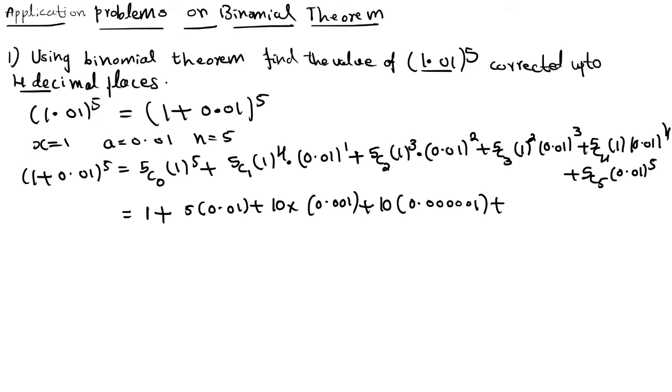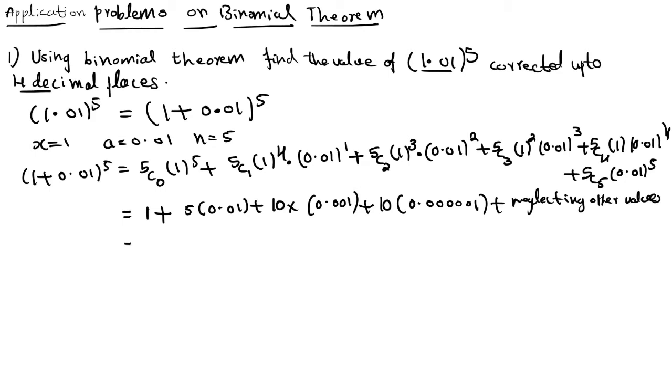Okay, see, question is up to 4 decimals, then you will get very small values here, so neglect the other values. If your value is very small you can neglect the other values.